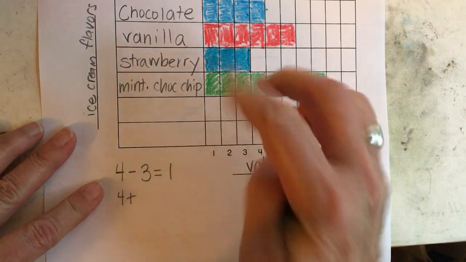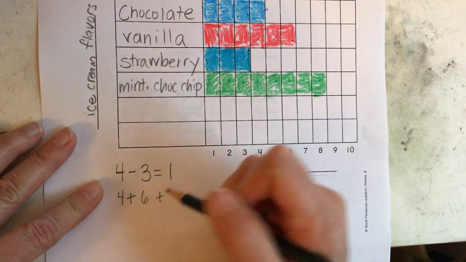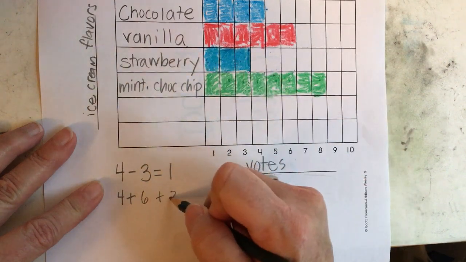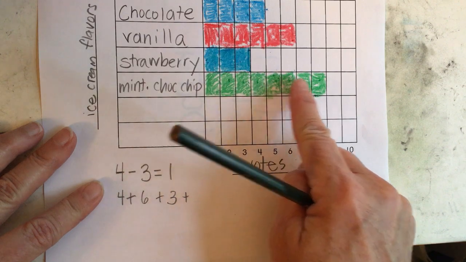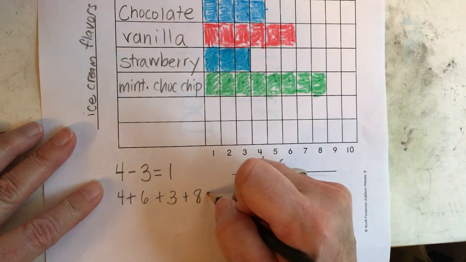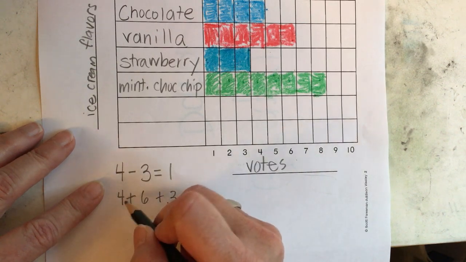4 plus 6, 6 plus 3, 3 plus 8. Good grief, Miss Bennett, you can't add all those. Yeah, I can. I can add them all up. I'm going to start with 4.